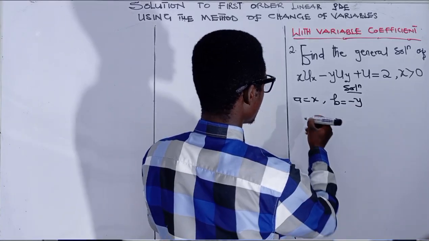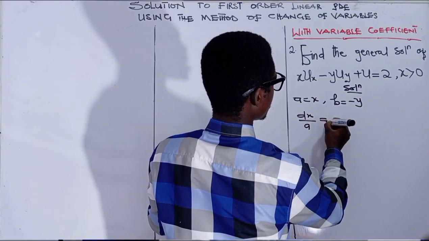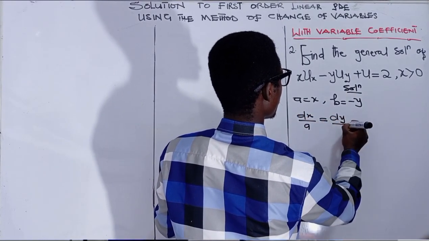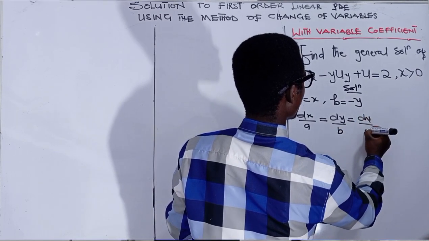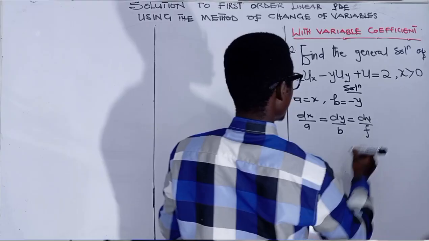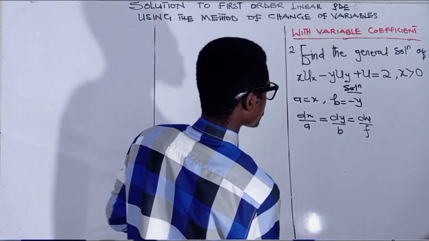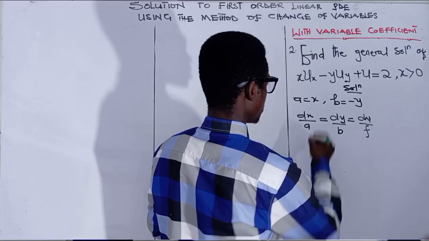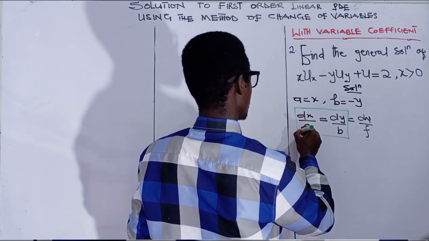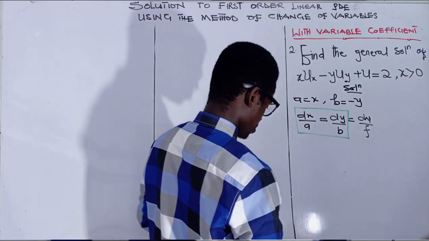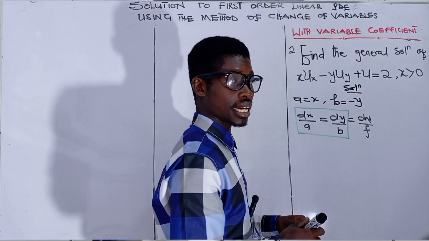Now once we have this, we just form our characteristics equation, and we know that the characteristics equation is given as dx all over a is equal to dy all over b is equal to what? Du all over what? F. Since we'll be making use of the dx and then dy, let's plug in the a and then the b into the characteristics equation.